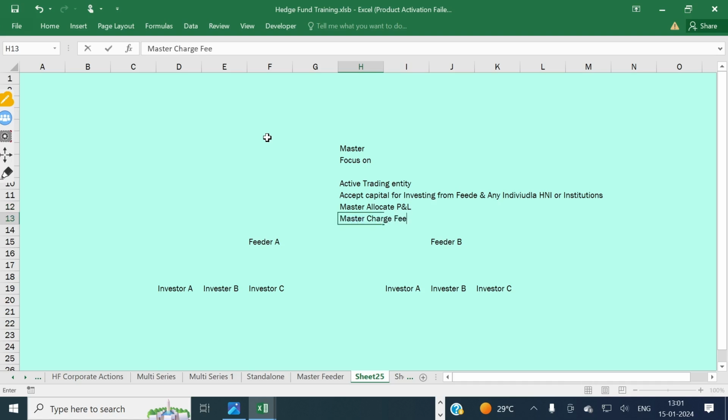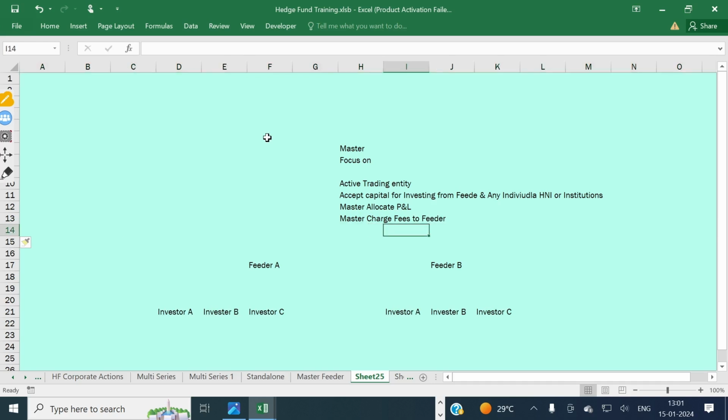Master charges fees to the feeders. Master, an active trading entity, accepts capital for investing from feeders or any individuals. All right, what else? Master is an active trading entity.